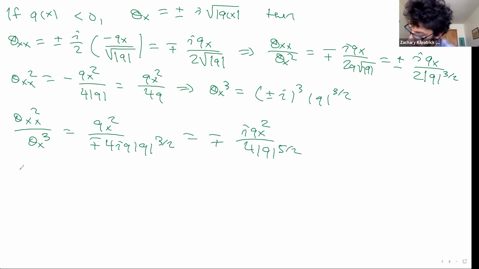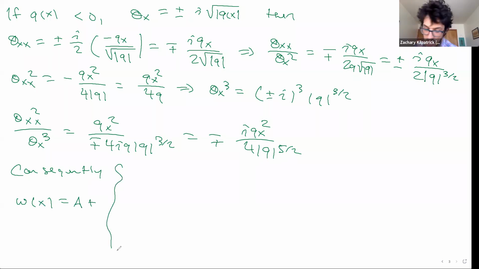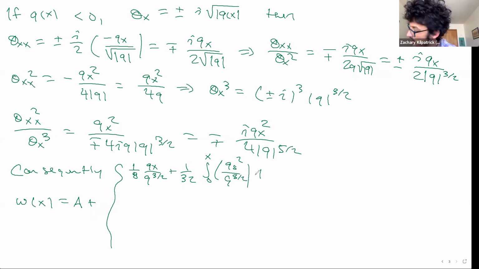So consequently, we can write out these long expressions for w. So w of x is going to be equal to a plus 4 different cases. And I think I should be able to fit them all in here. qx over q to the 3 halves plus 1 over 32 integral from 0 to x of qs squared over q to the 5 halves ds.